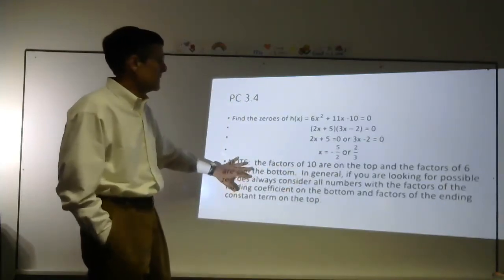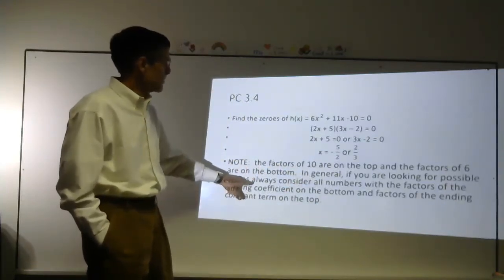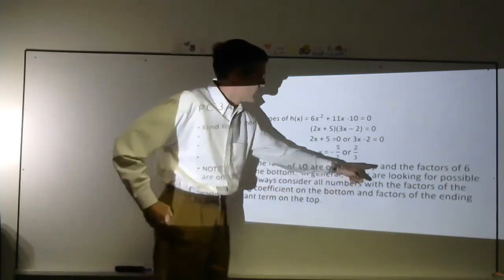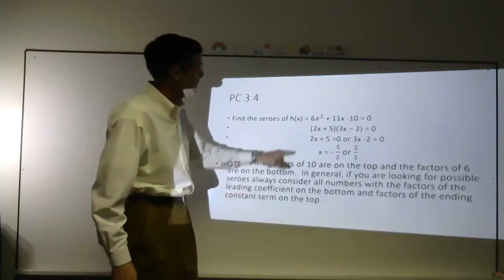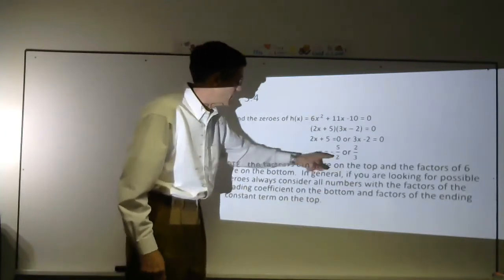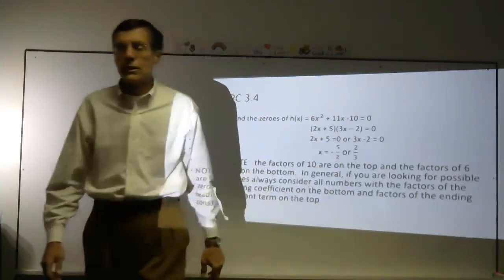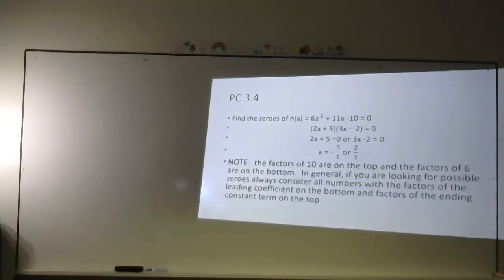And that's the way I have it down here. If you're looking for possible zeros, always consider all numbers with the factors of the leading coefficient, 6, on the bottom, and factors of the ending constant term on the top, okay?